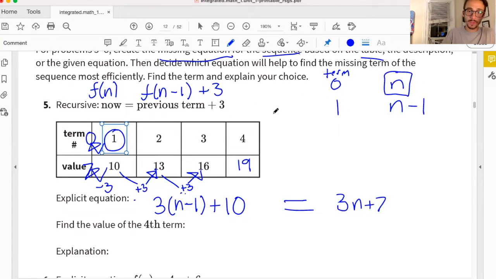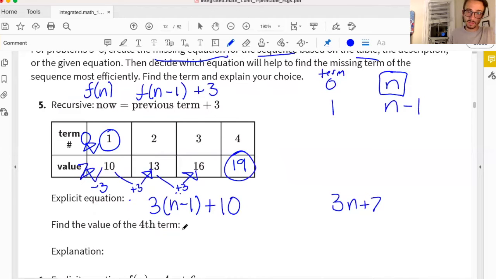There you go. Value of the 4th term. We already got that. That's 19. We did that right off the bat. We could say that these 2 equations are equal. So I think recursive is going to work the best, personally. Why do you think recursive may work the best? How is that going to help us? Why was that the best thing to do if we were looking for the fourth term?